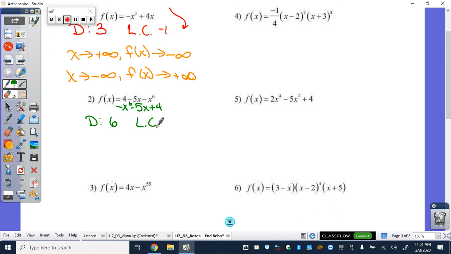Our leading coefficient is -1. So we have an even degree, negative leading coefficient. That means both sides are going to be going down. My right side and my left side, the function is going to be going to negative infinity.